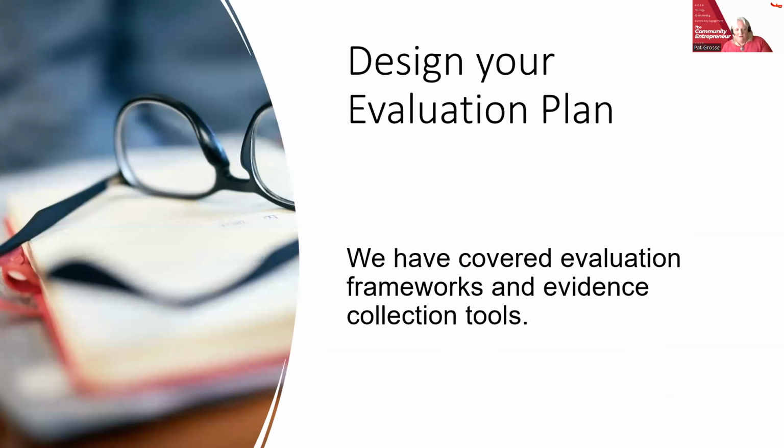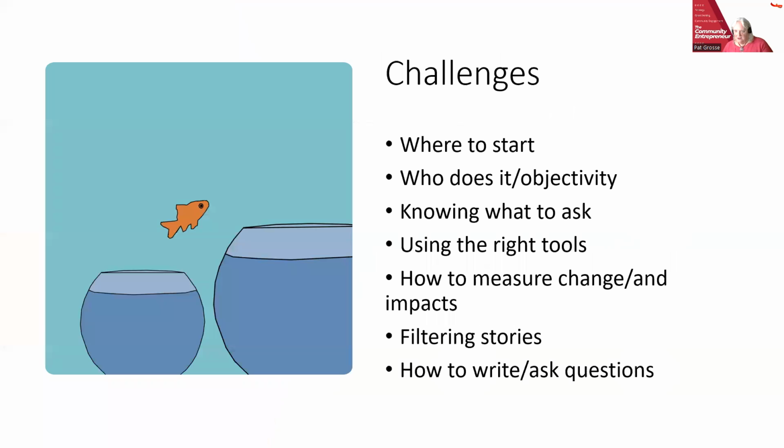So as I said, I will send a copy of the tools, and I will send a framework going back to those questions. So we've covered the evaluation frameworks and evidence collection tools. Okay, so where do you start? You start with the outcomes. Who does it? Work out somebody who's not too close to it. For the questions you ask, thinking about the frameworks, make sure that you're consistent however you ask those questions.